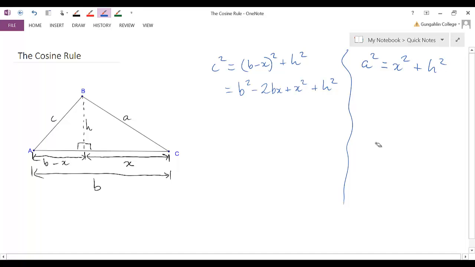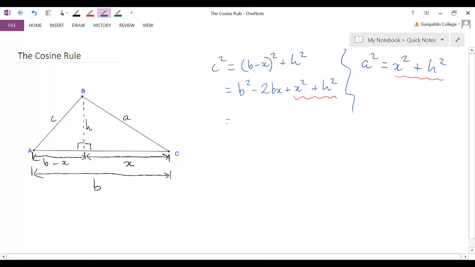Now, just have a look at the two sides here. We've got that A squared is X squared plus H squared. And we've got an X squared plus H squared appearing in the left-hand thing. Now again, as before, we introduced H and X, so we want to try and eliminate them. So this is a really easy way to eliminate this X squared and H squared. We can just replace it with the A squared.